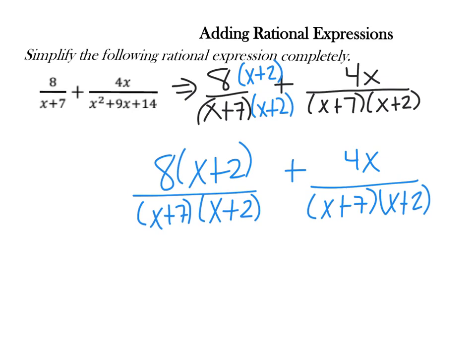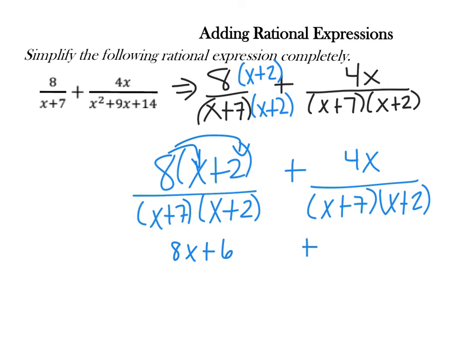Notice how now I have common denominators, which means I can combine the numerators. I'm going to go ahead and do the distributive property here. Distribute, you're going to get an 8x and a 16. When you combine it with the 4x in the top and I combine all the like terms, I have 8x plus 16.